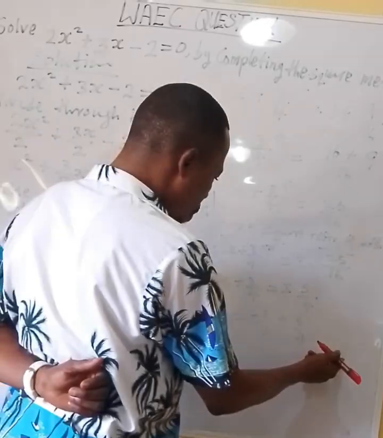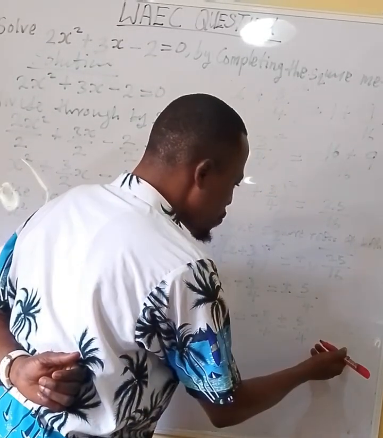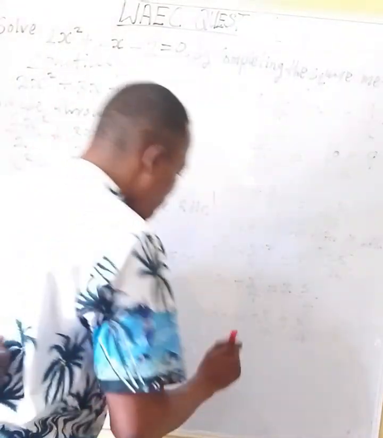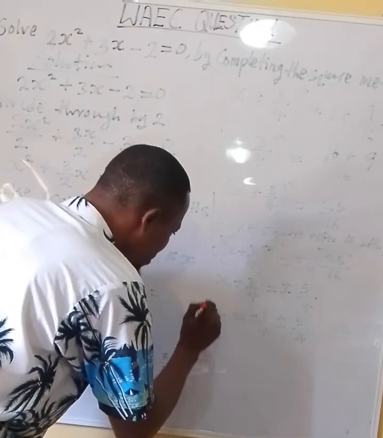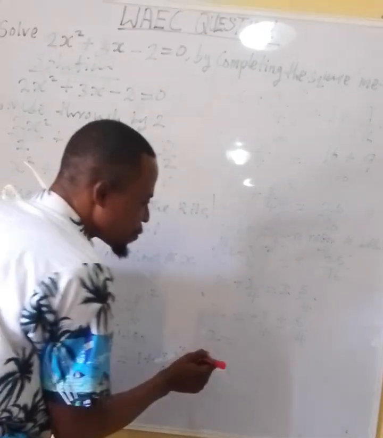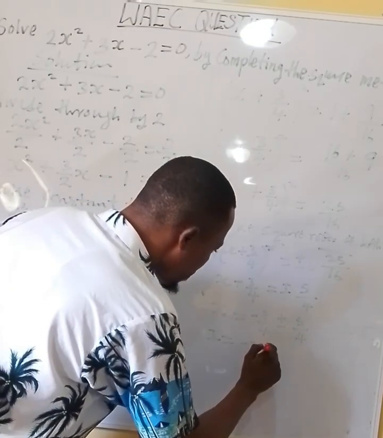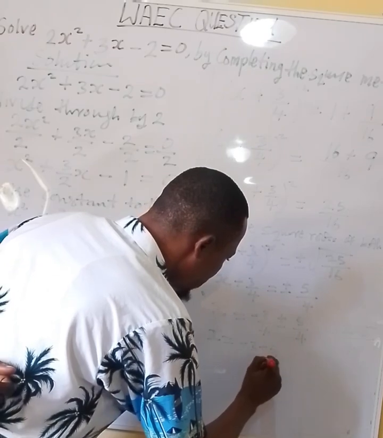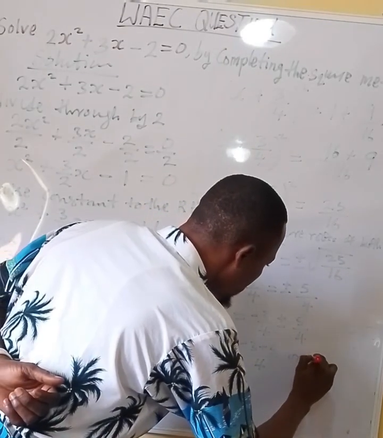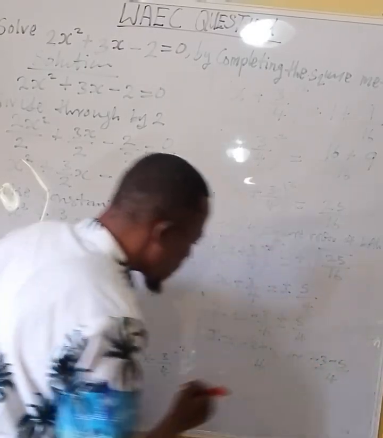So 4 into 4, 1 times 3, minus 3, plus or minus 4 into 4, 1 times 5, 5. So we now have x equals, now minus 3, so we have plus or minus, so plus 5 over 4 or minus 3 minus 5 over 4.